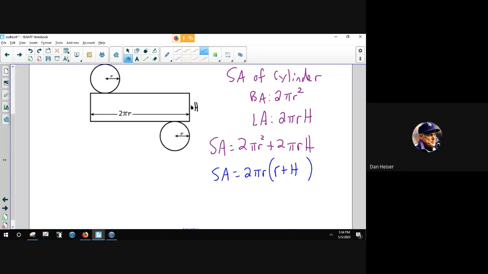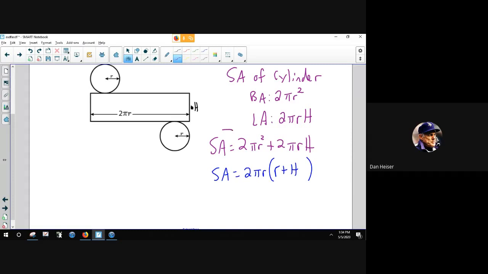So if you take the radius plus the cylinder's height, multiply that by 2 pi r, you will get your surface area also. Either one of these formulas will work.